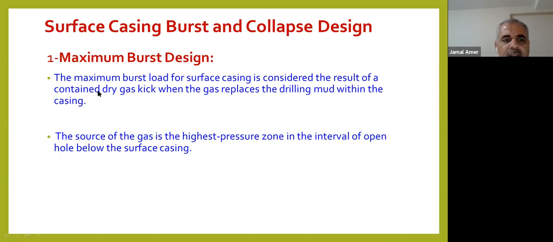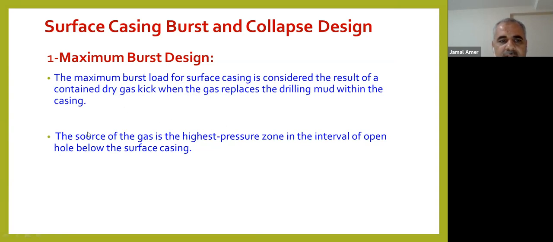But again, we can say the worst scenario is if we have a kick and the casing is empty. So at the surface we will face the same pressure as the formation pressure.